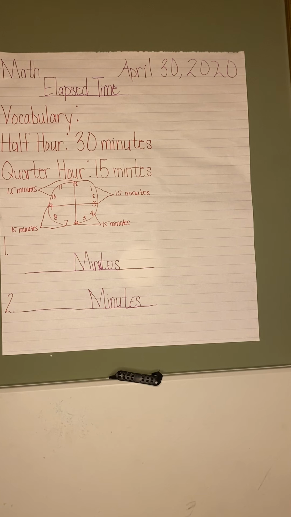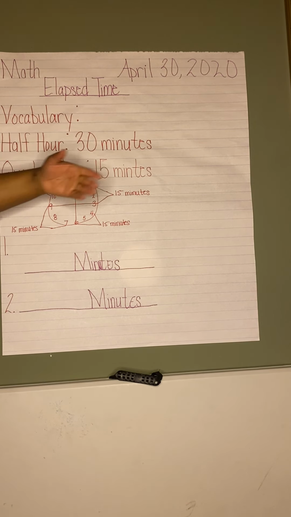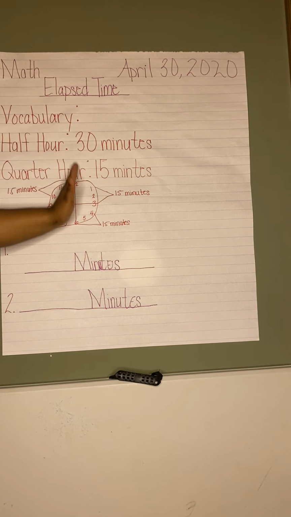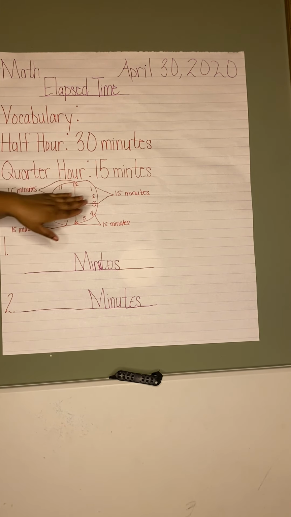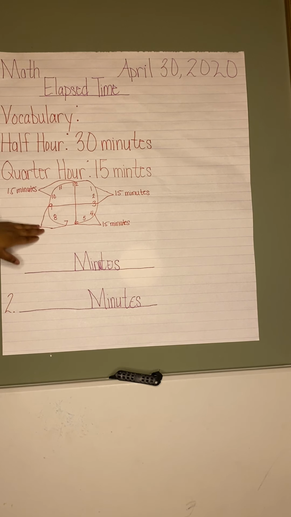You need 4 quarters. So anytime you think about quarters, it's normally divided into 4, or normally needs 4 to equal a certain value. So quarter hour is 15 minutes. All I do is divide my clock into 4 pieces, and 3 numbers out of each side of my clock equals 15 minutes.